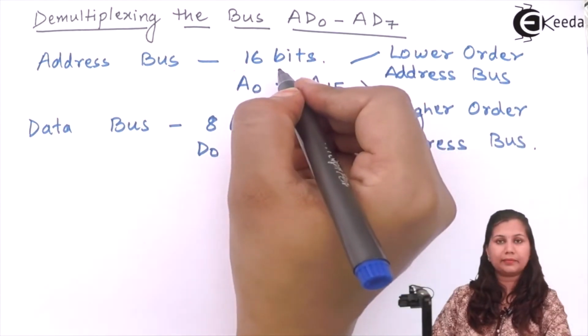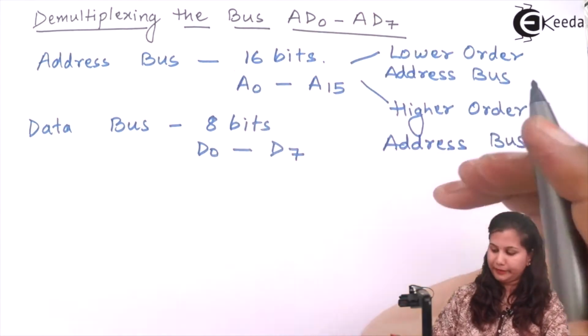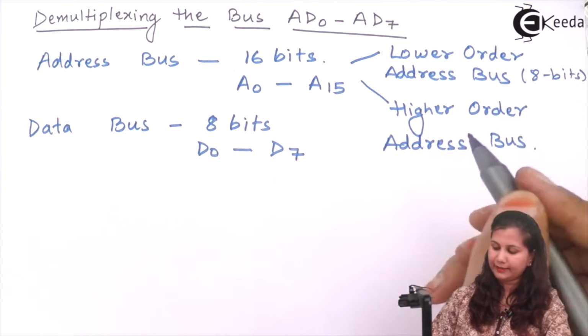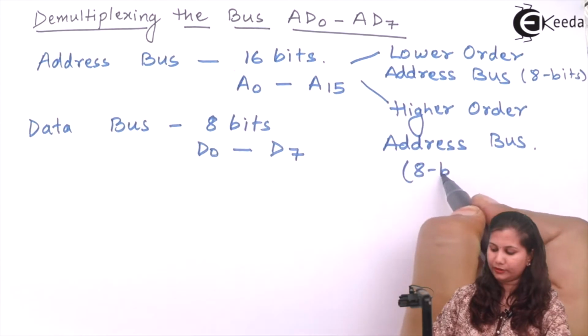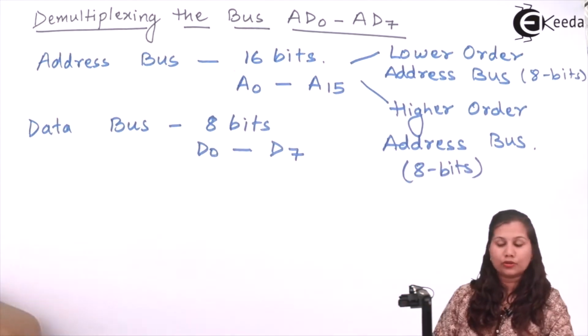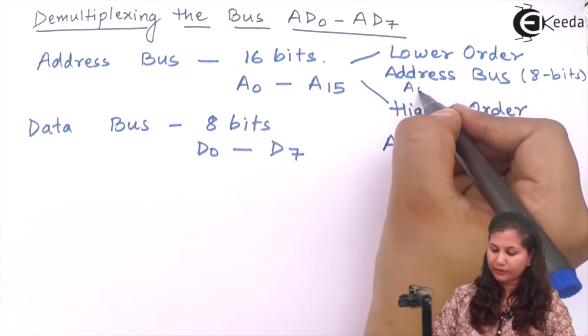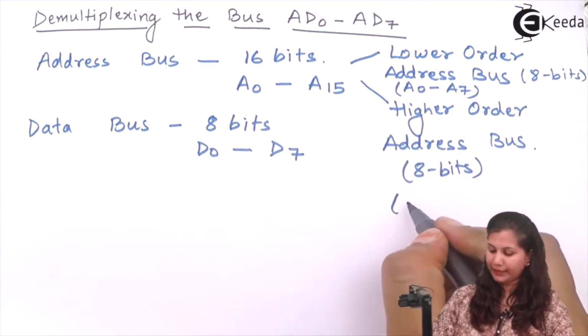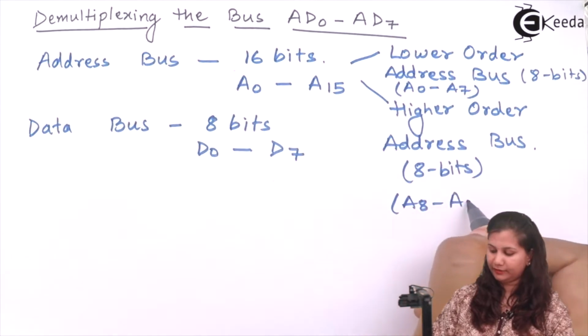So these 16 bits are divided into 8 bits and 8 bits: 8 bits lower order address bus and 8 bits higher order address bus. So lower order are from A0 to A7 and higher order are from A8 to A15.